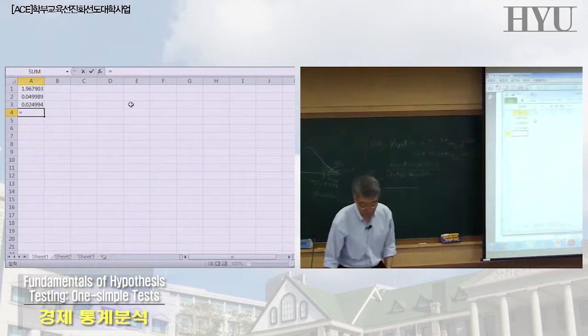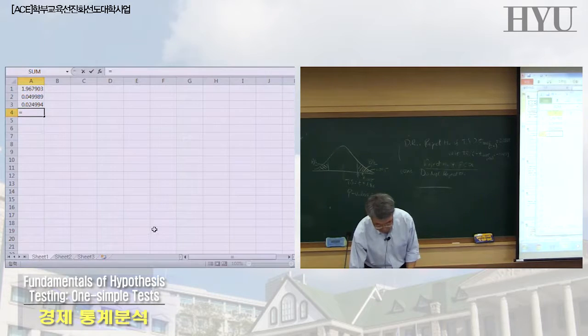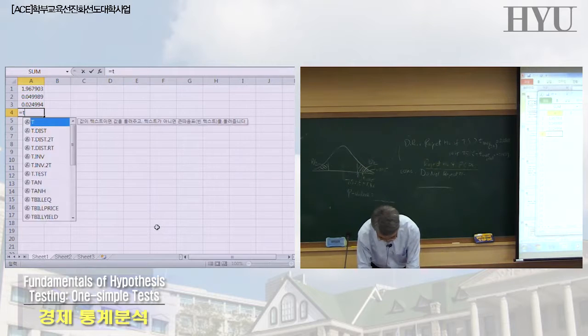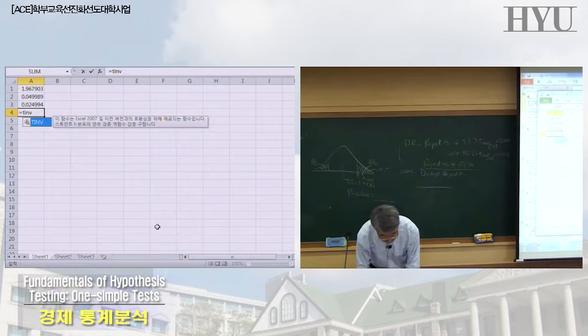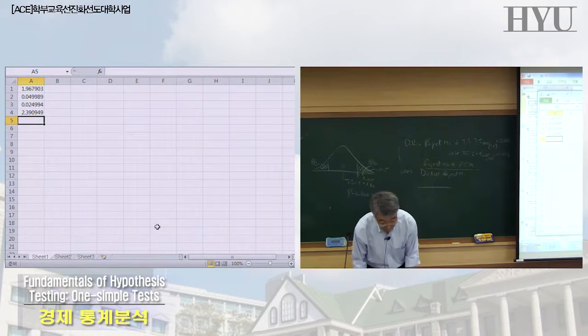We have degrees of freedom of 24, and we are looking for 0.025 area outside. So for example, you can say TINV 0.025, comma, 24. Yeah, 2.0309.